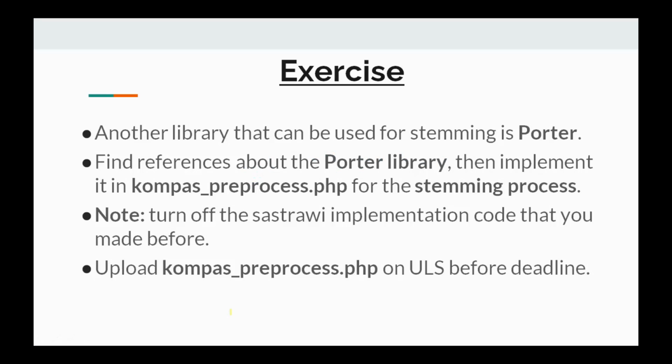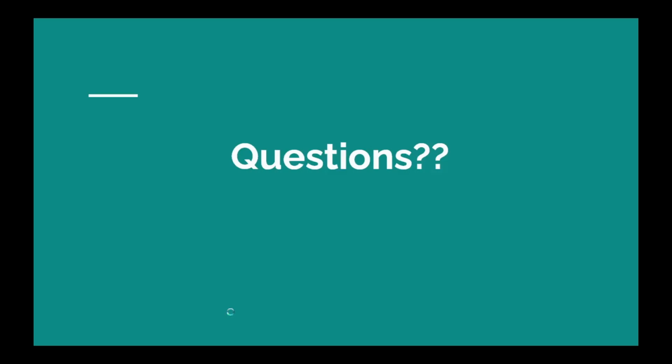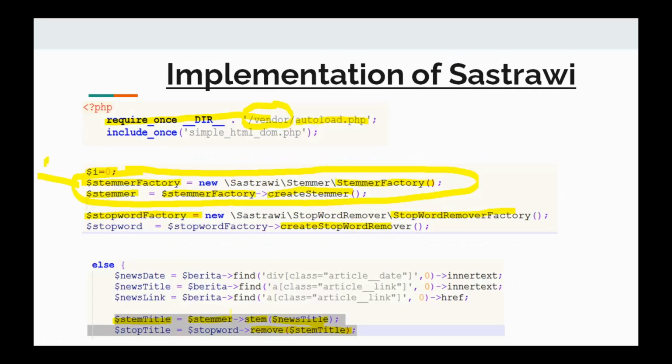For the exercise, another library that can be used for stemming is Porter. Please find references about the Porter library, then implement it in kompas_preprocess.php. But first you must try the implementation of Sastrawi.